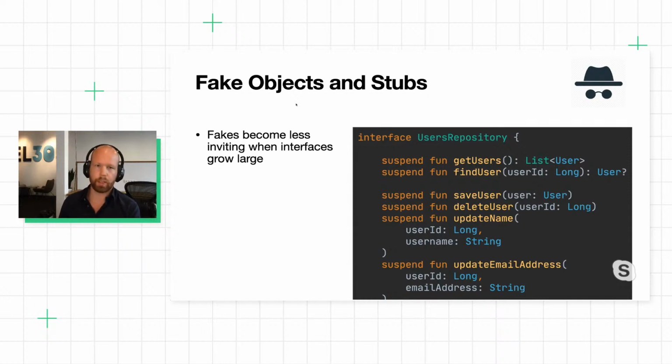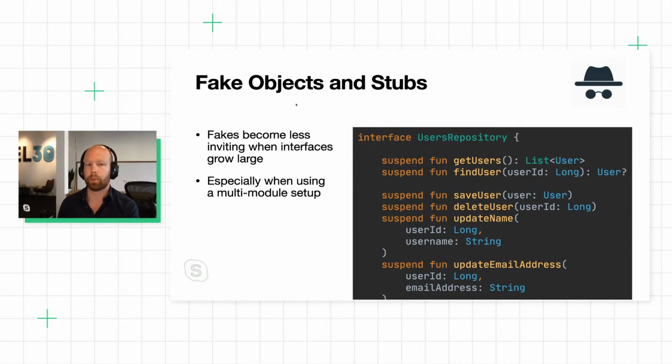If you have to implement this interface as a fake, then you need to implement the new methods that you add as well. It becomes long, and it becomes especially difficult when you're using a multi-module setup, because that often means you have to duplicate your fake implementation, one in the first module and another time in the second module.